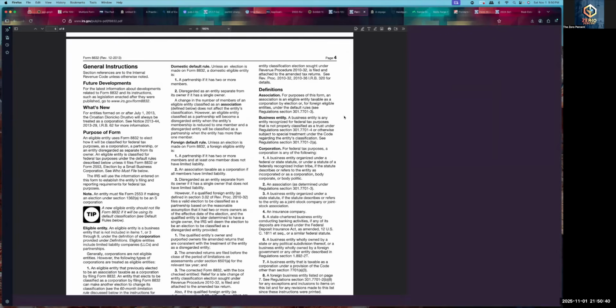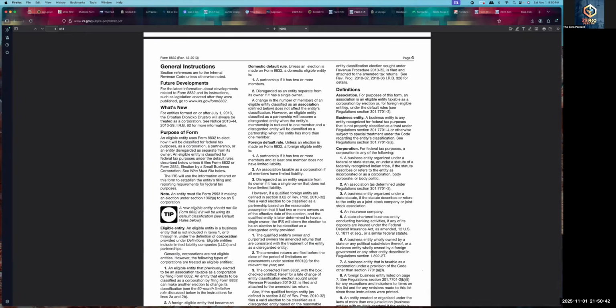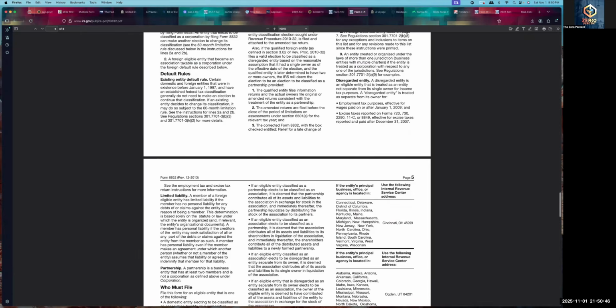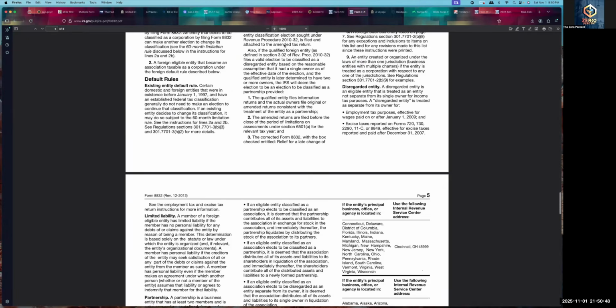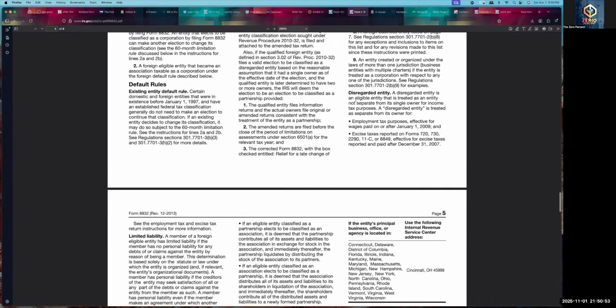Yes, right here. And we have definitions of a disregarded entity right here. So it says a disregarded entity is an eligible entity that is treated as an entity who is not separate from its single owner.